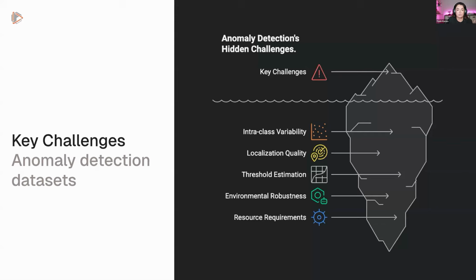We also have environmental robustness. A model may work great in the lab, in the tests that you are doing, but what happens when you change the light, change the camera angle, or introduce maybe dust on the objects? Most models are not ready for those shifts, and that is a real problem in production.